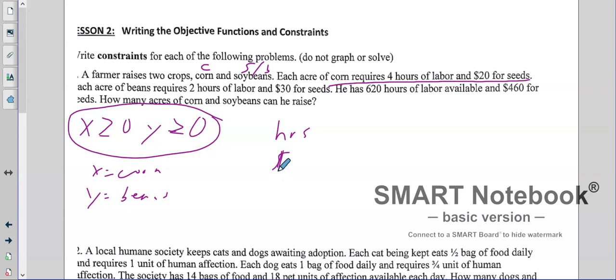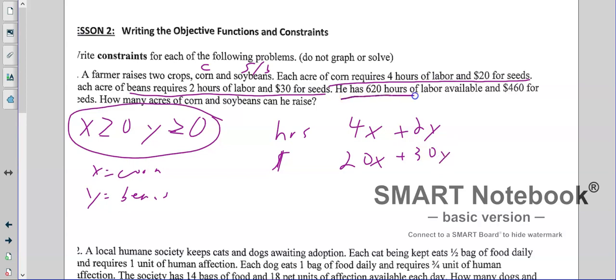So it says each acre of corn requires 4 hours, okay, and $20. So you can get these out of the way first. I'm going to show you how you can go down first or across first. It doesn't matter. Whatever is less confusing for you. Then it says beans require 2 hours of labor and $30 for seeds. So that's 2 hours for beans and $30 for seeds.